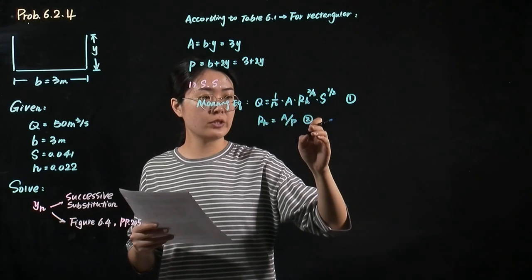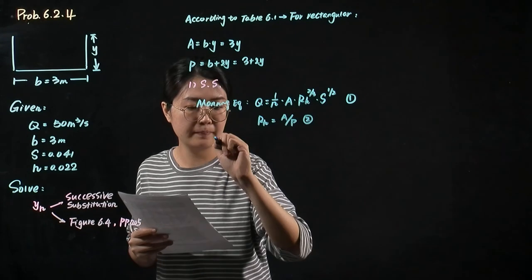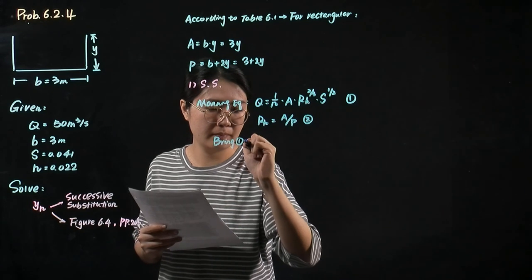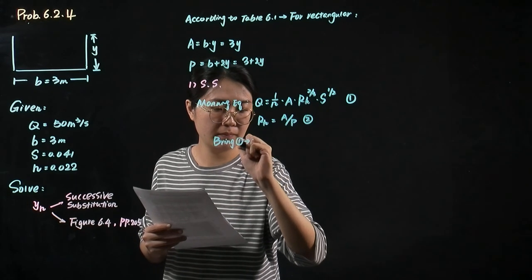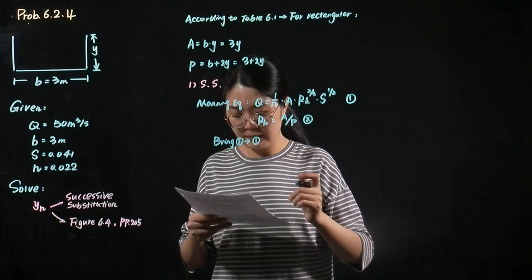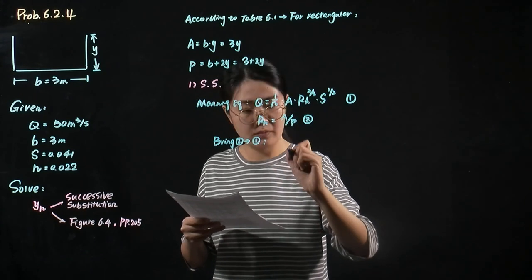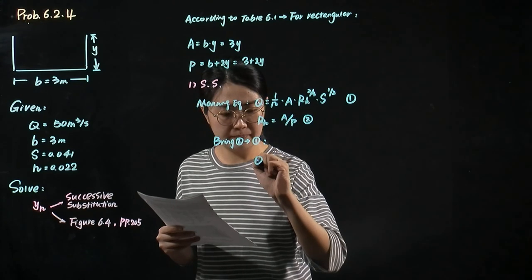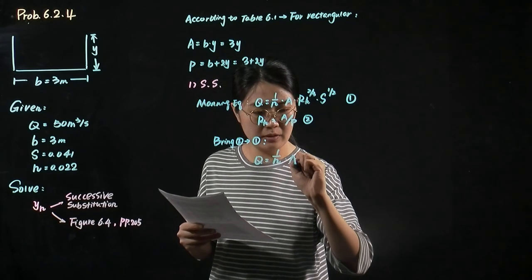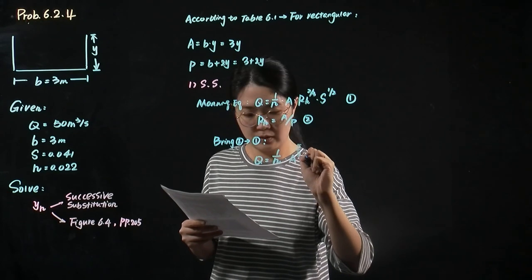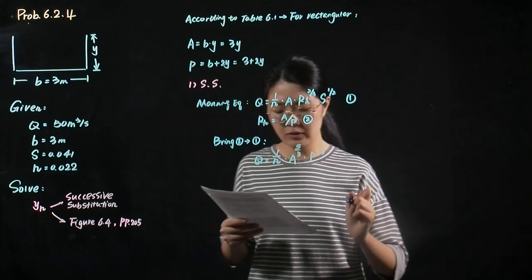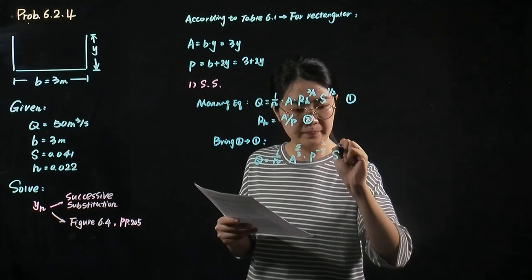If we bring equation 2 into the Manning equation, we can get the flow rate equals 1 over n times the area times the area over the wetted perimeter to the power of 2/3 times the slope to the power of 1/2.